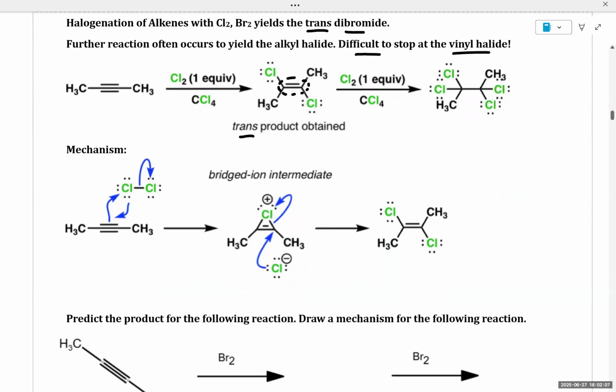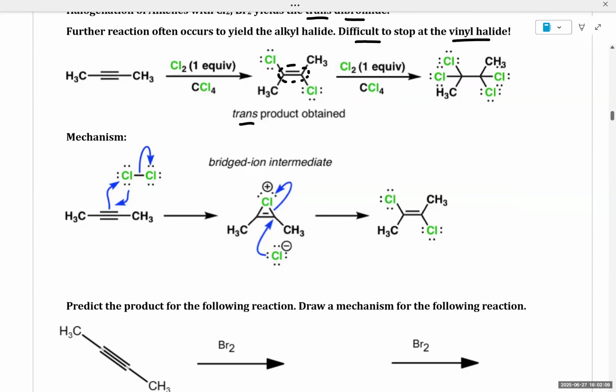Now, in terms of the mechanism for the reaction of alkynes with halogens such as bromine and chlorine, the mechanism for alkyne dihalogenation, first and foremost, you end up with attack and cyclization to make a halonium ion-like intermediate.